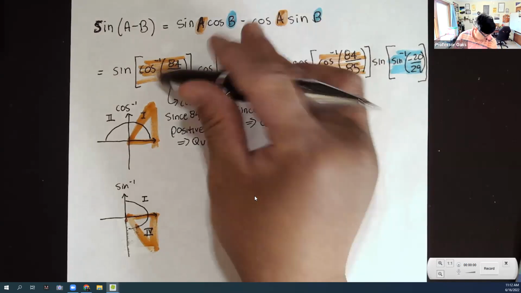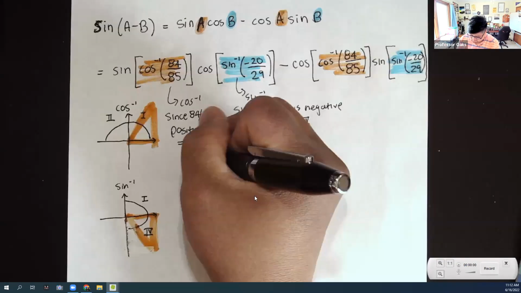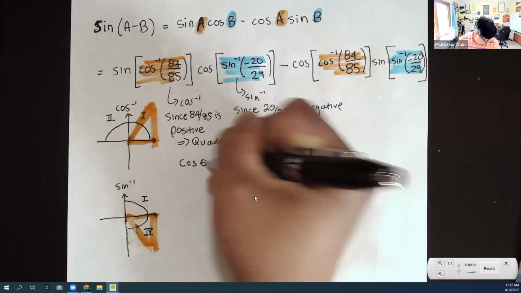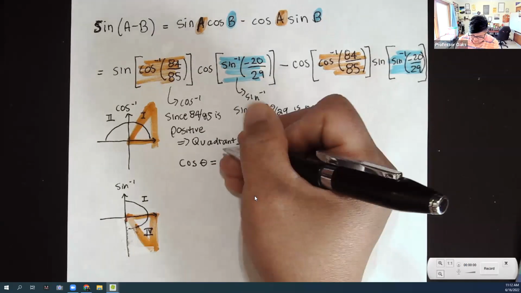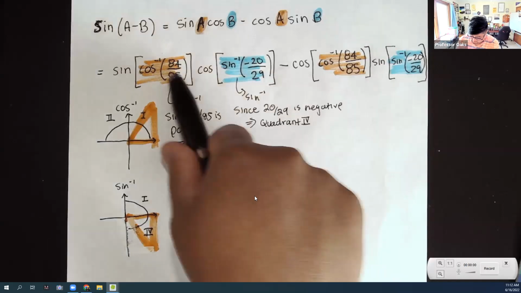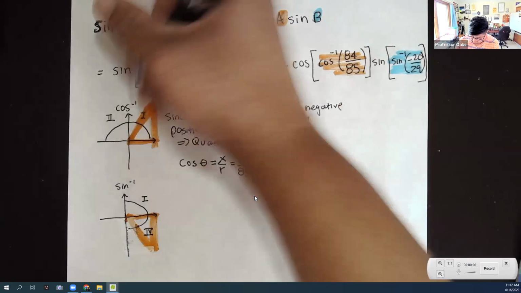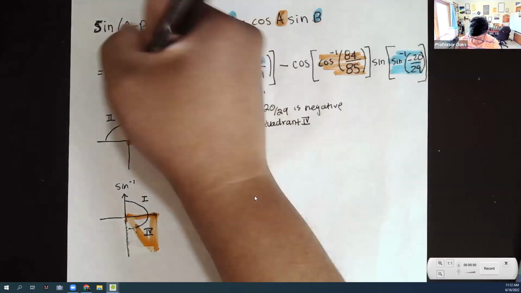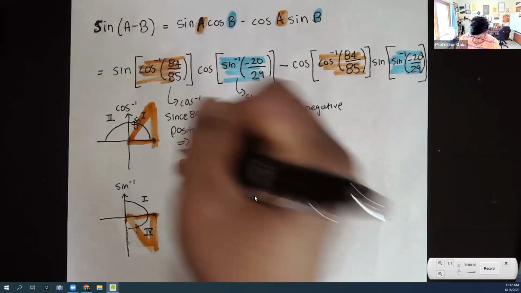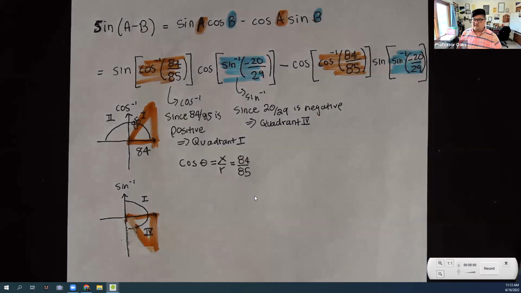Yeah, sorry, I was off in space somewhere. So cosine of theta will be, remember, x over r. So remember you have 84 over 85. So here is the 85 and then here is the 84. Then you use the Pythagorean theorem to find the other side.